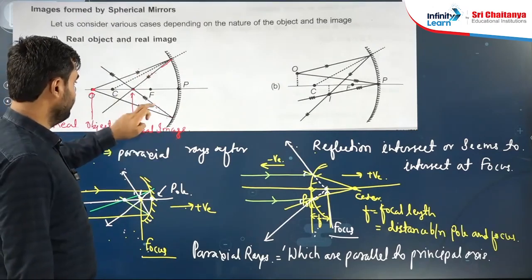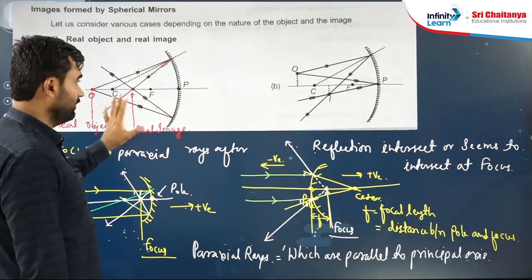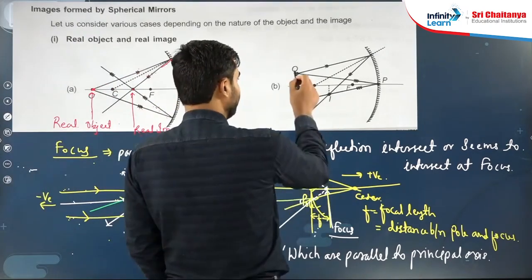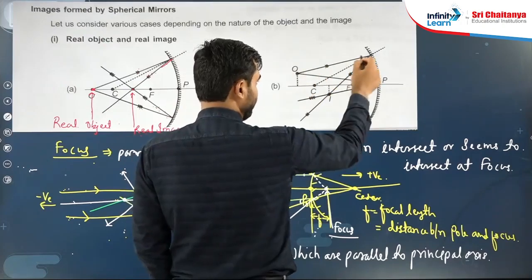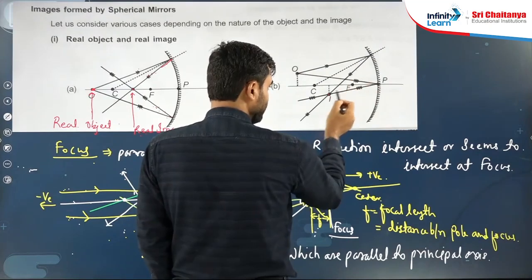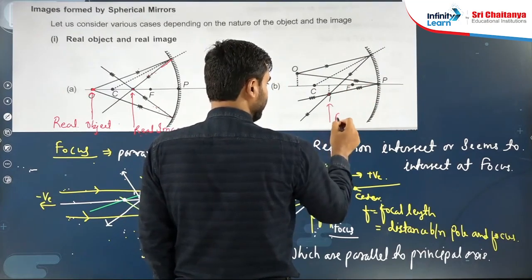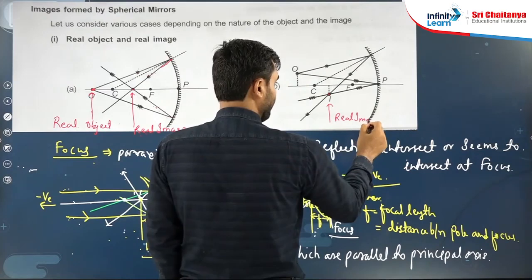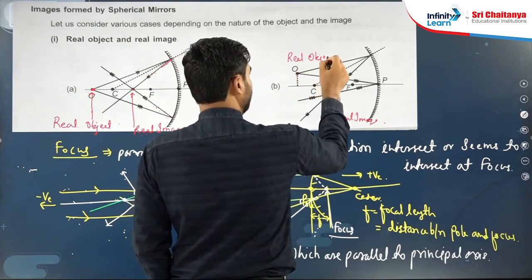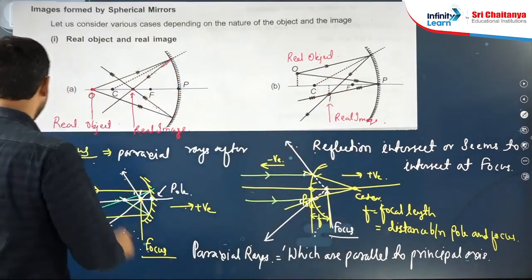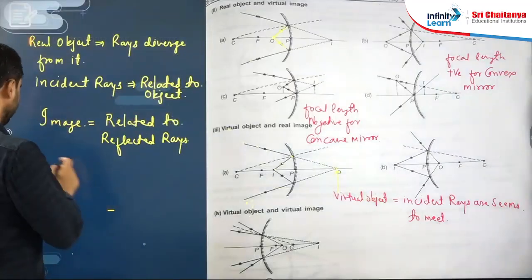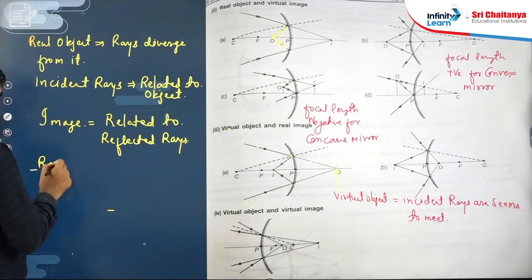Real image means the reflected rays really intersect. We can see one more example. This is the object. Rays are incident on the mirror. This is reflected, this is reflected. Both reflected rays are intersecting here. So this is the real image, and this is the real object. So we understood real image.